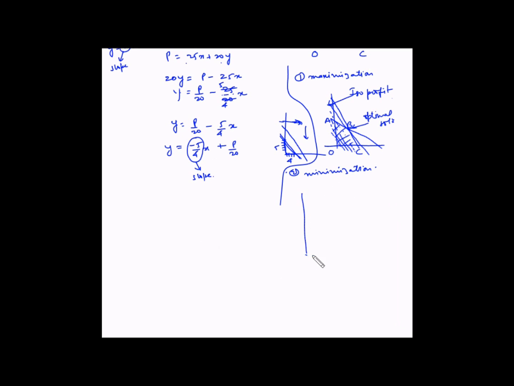Let's say this is our graph and we have constraints like this. Let's say this line has a feasible solution region downwards.